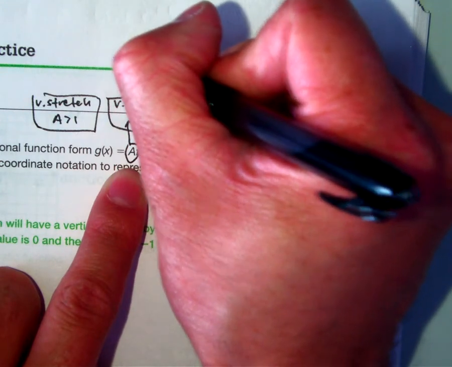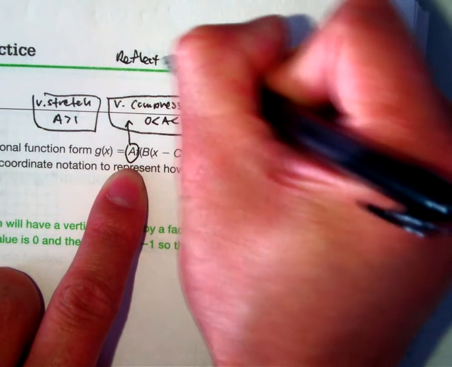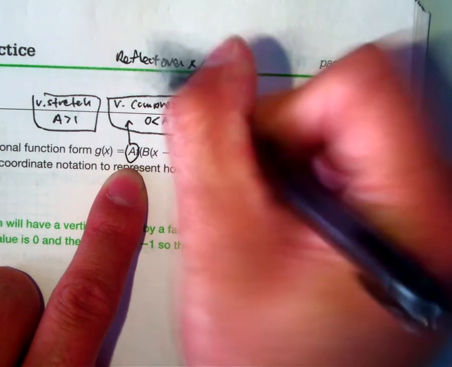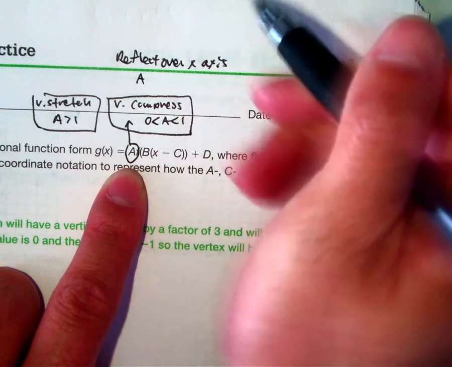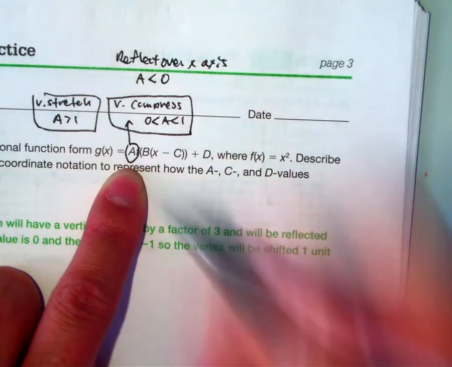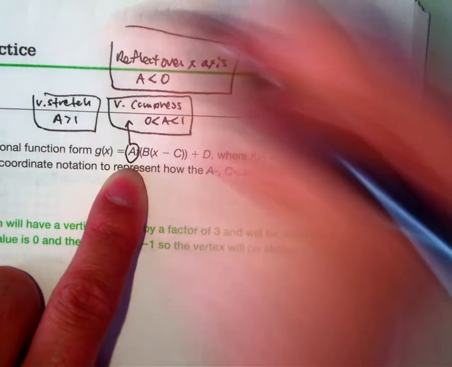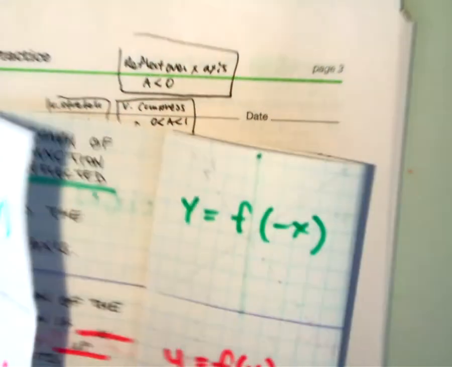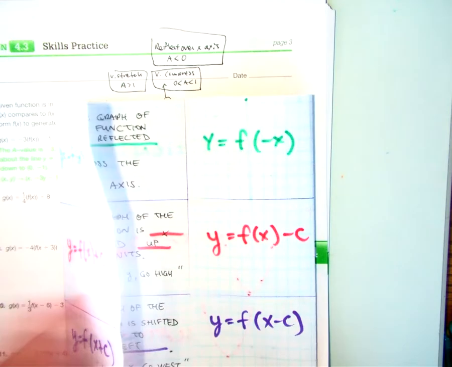So reflect over the x-axis if the value is less than 0, negative. And we kind of already know that based off of our, let me show you where it is on our foldable.